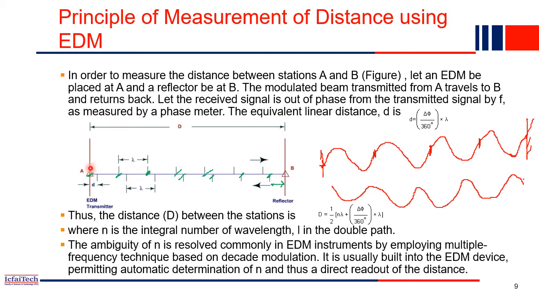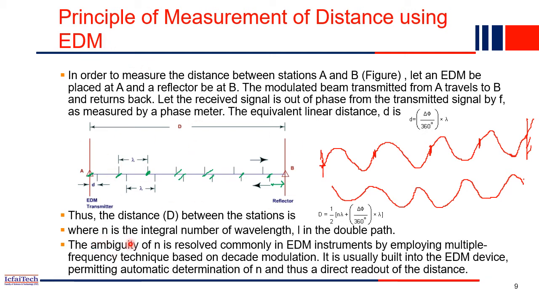For example, while going, the signal completed 1, 2, 3, 4, 5, 6 wavelengths. So 6 into lambda will be up to this point, plus small d, the phase difference. So n into lambda plus this small d, divided by 2, gives the total distance from A to B. That's how we do the calculation in the EDM.